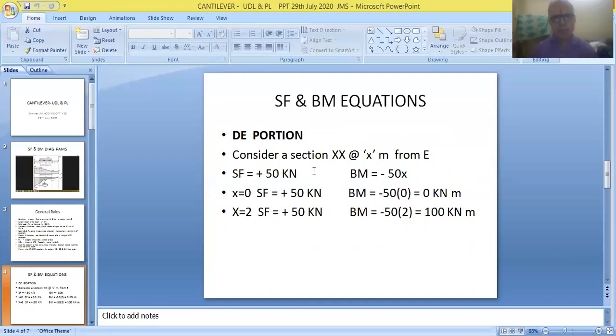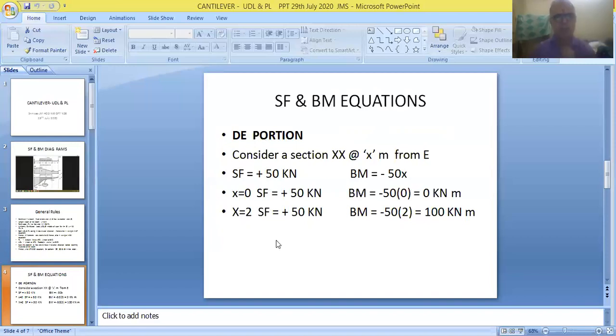Now we have to consider a vertical section XX at a distance of x meter from the free end of the beam. So here, if you look at the loading diagram, only one force is acting in downward direction.